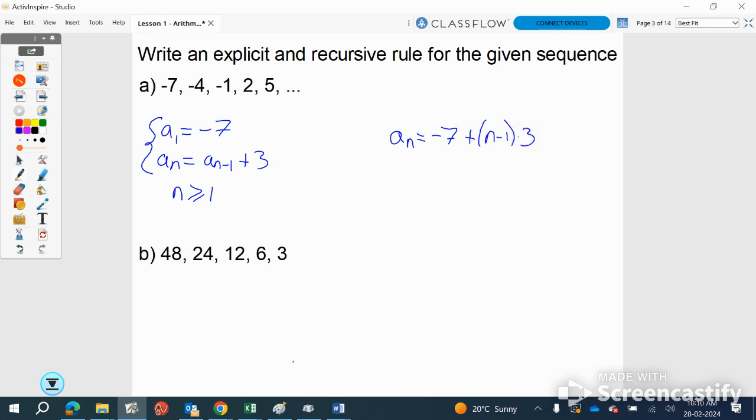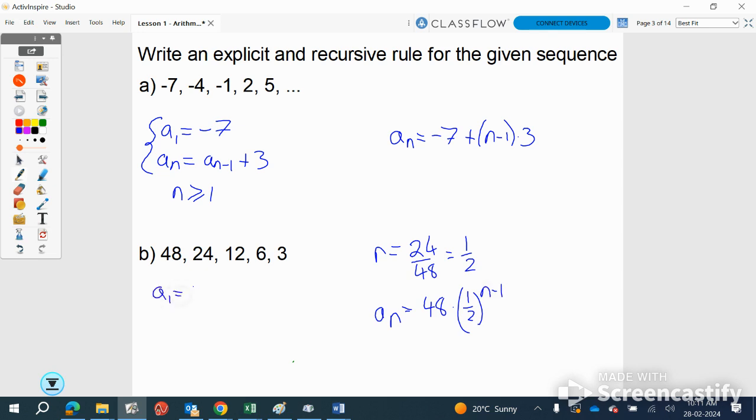The second one, arithmetic or geometric? Geometric. What is the common ratio? Typically with this, I would start with 24 divided by 48 equals a half, and we find it. So AN is equal to 48 times 1 over 2 to the n minus 1.